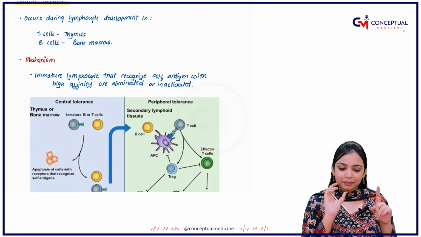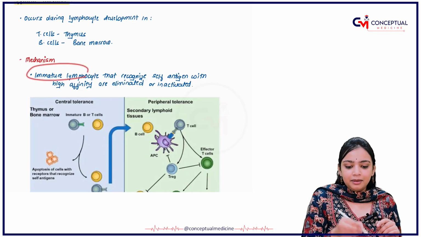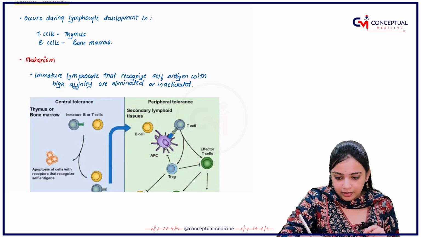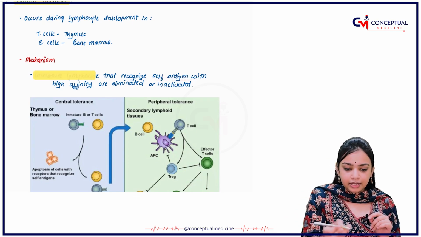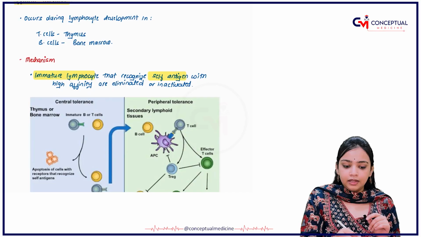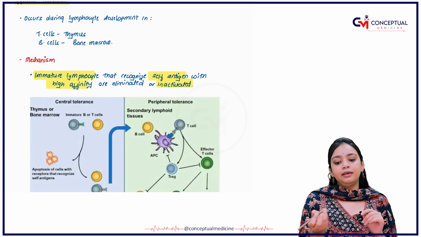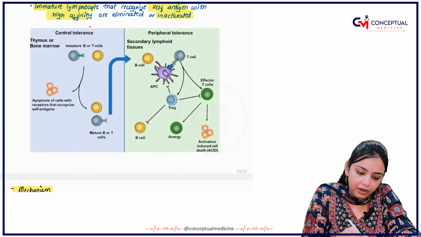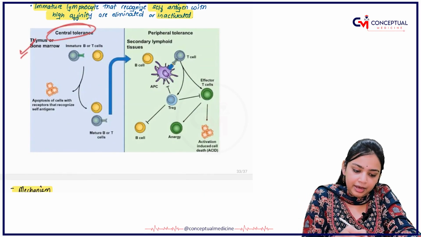Similarly, in this immune system, there are immature lymphocytes. They recognize the self-antigen. Wait, I'll highlight. Immature lymphocytes that recognize the self-antigen with high affinity are eliminated or inactivated, right? Look at this figure. You have the central tolerance in the thymus or the bone marrow.